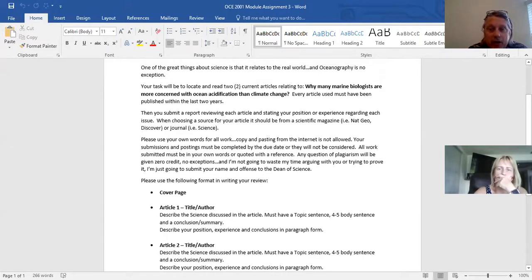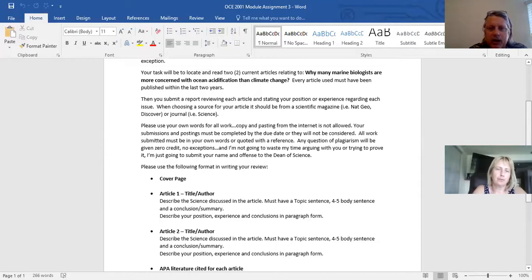You guys have been doing a nice job, but sometimes folks just submit 1 paragraph, which describes the article, the first thing you should do. But they don't submit the second, which is your take on it, your conclusion and experience, or your position. So please make sure that you have 2 paragraphs per article.